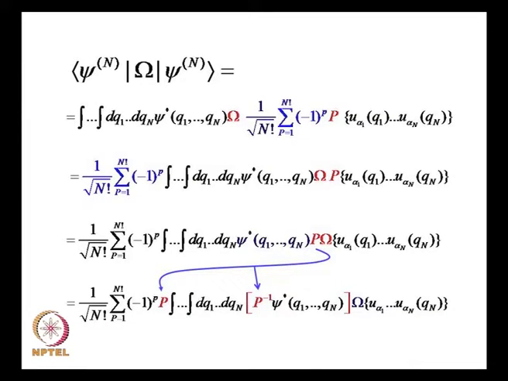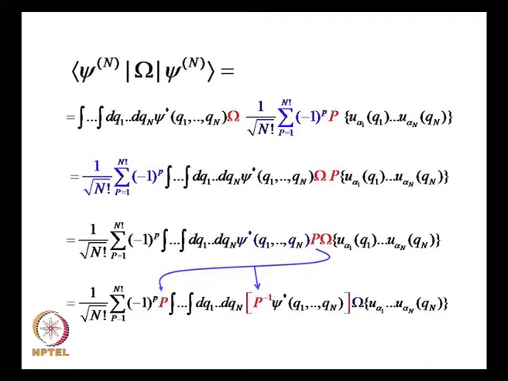So, you can move it behind this, but you compensate for it by having a p inverse and restrict the effect of p inverse to this bracket.